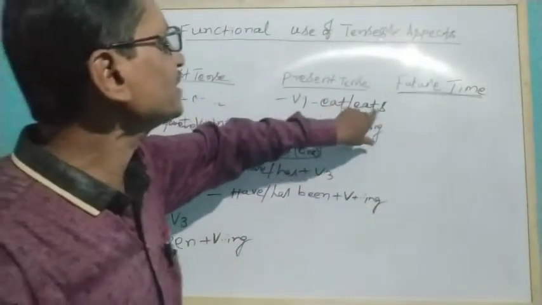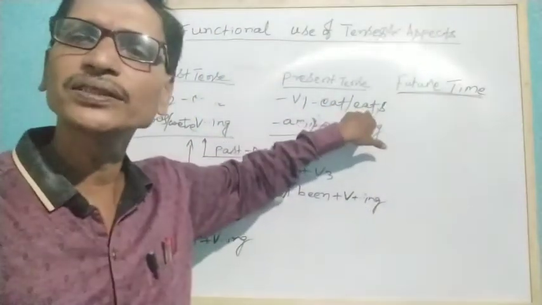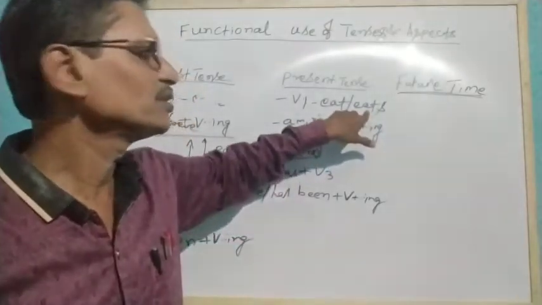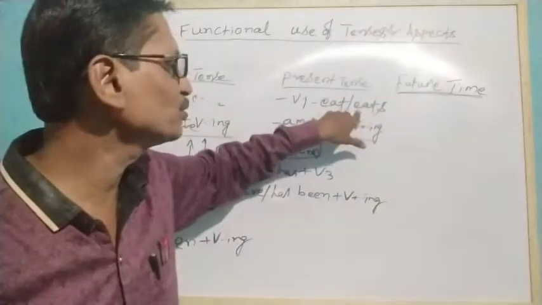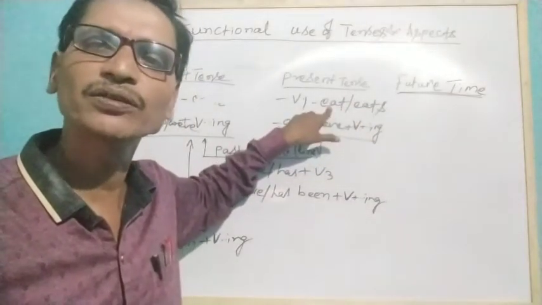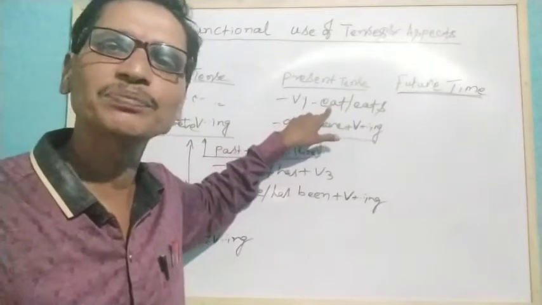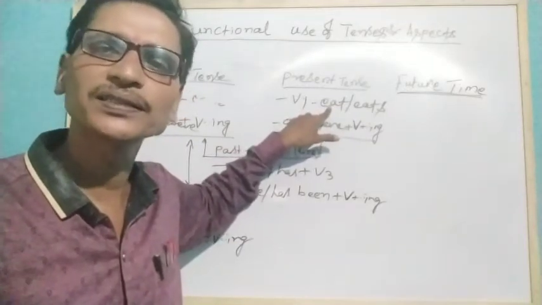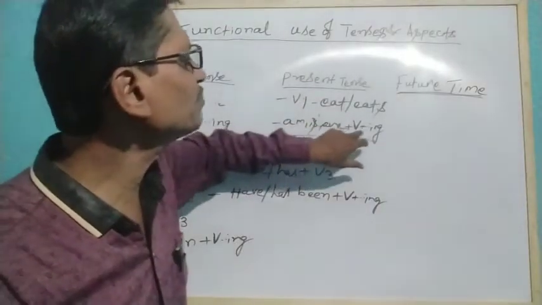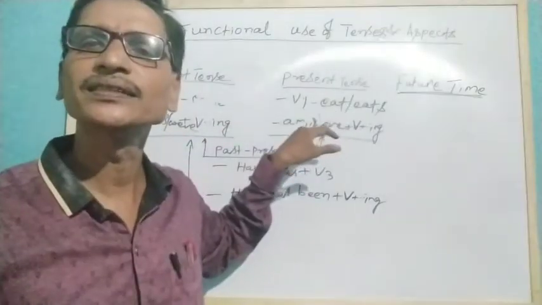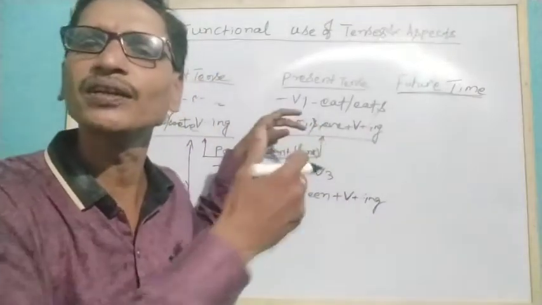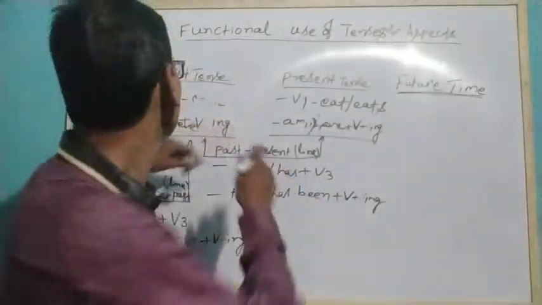We use eat and eats in accordance with person and number. For singular subjects we use eats. For plural subjects we use eat, including I, the first person singular, and we, the first person plural. Similarly, we use am, is, are plus ing to talk about present time in a certain situation. The rule we will discuss right now.